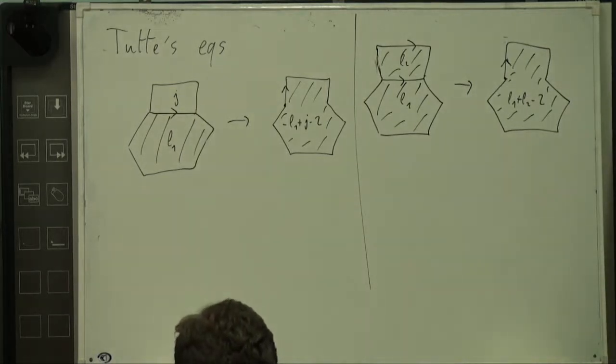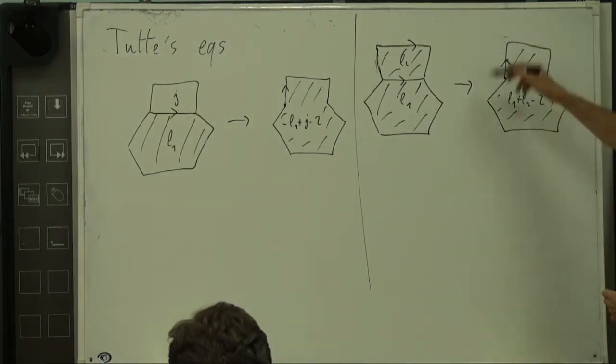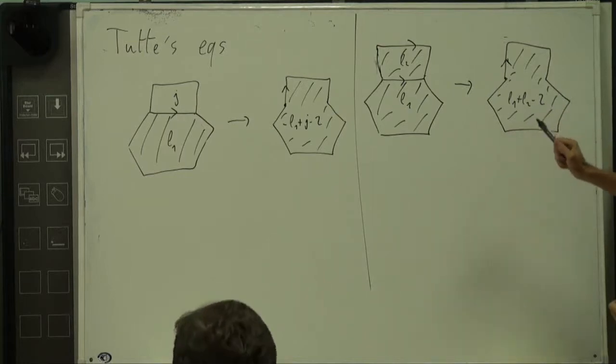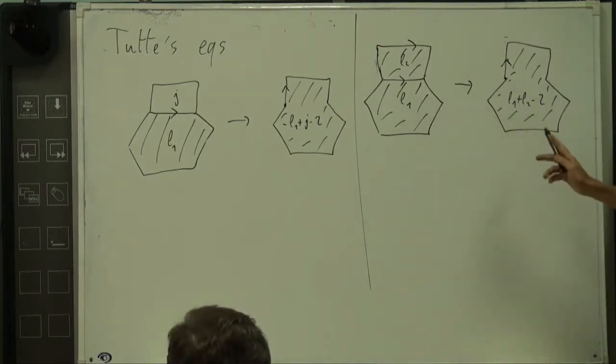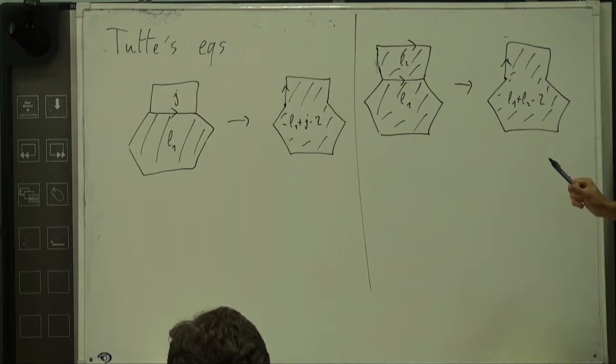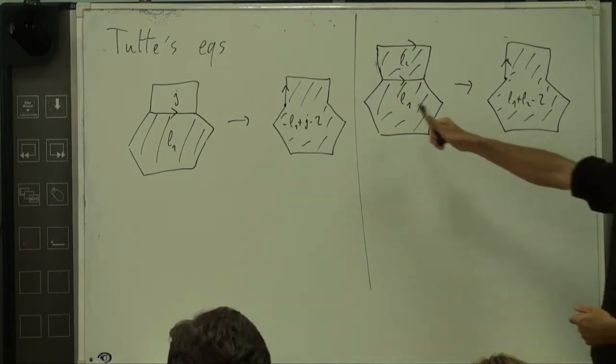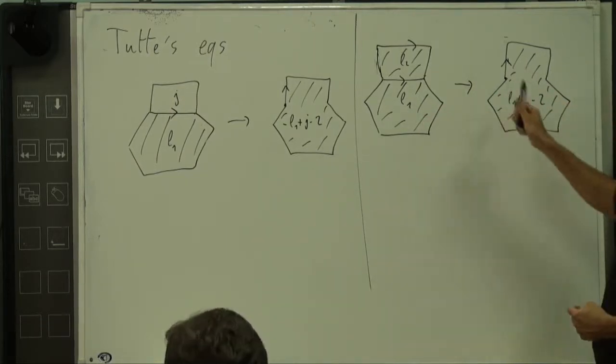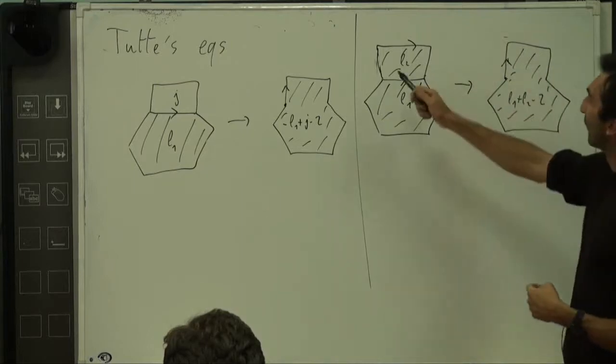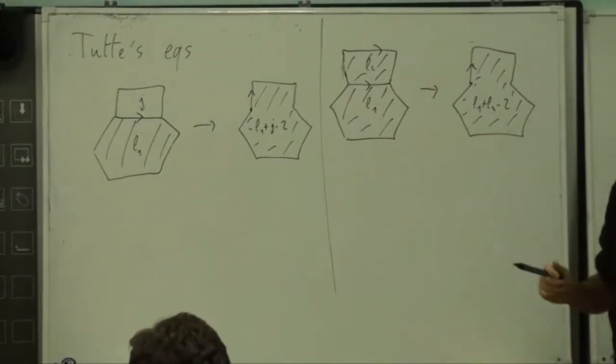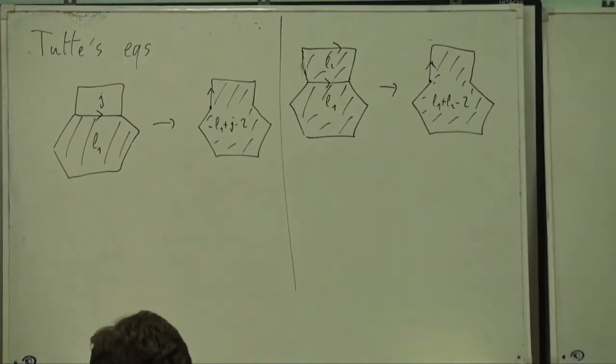So now you get a marked face of size L1 plus L2 minus 2, and the new marked edge will be, again, this one. But when we do that, this is not bijective. We don't have a one-to-one correspondence, we have a one-to-L2 correspondence, because if we want to go back, we have L2 ways to mark the other marked face.